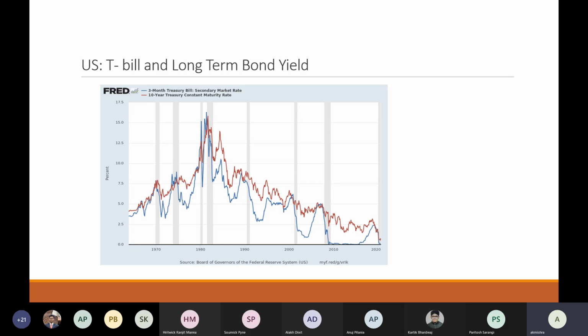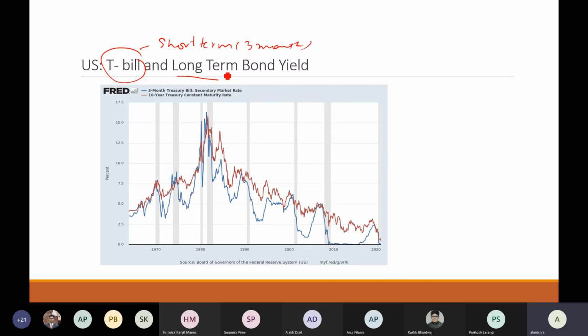And this is another trigger. This is two type of securities. So one security is this, we call it T-bill. T-bill is basically, you can call short-term government security. So this is basically 3-month maturity. 3 month means 90 days.